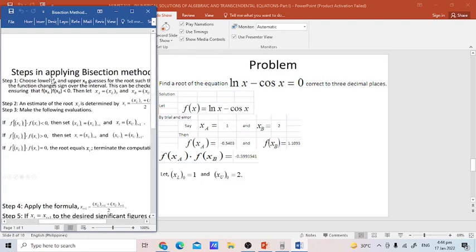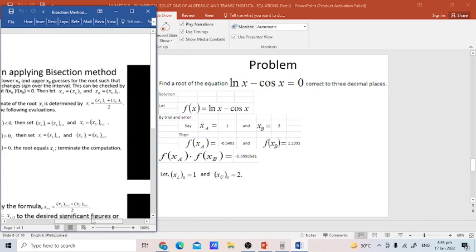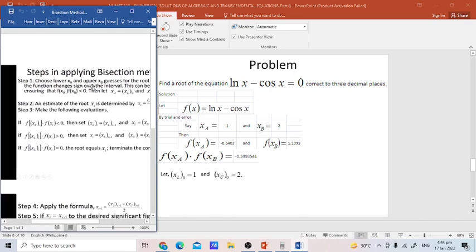Choose lower x sub a. So, it should be a lower value of x, then the higher value of x is the other one. So, we chose 1 for x sub a and 2 for x sub b. We guess such that the function changes sign over the interval.